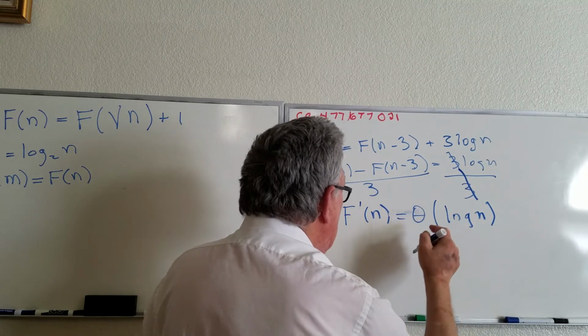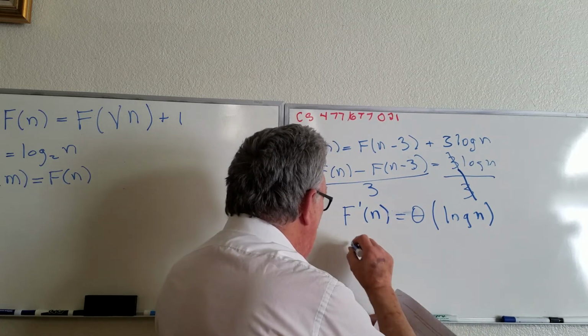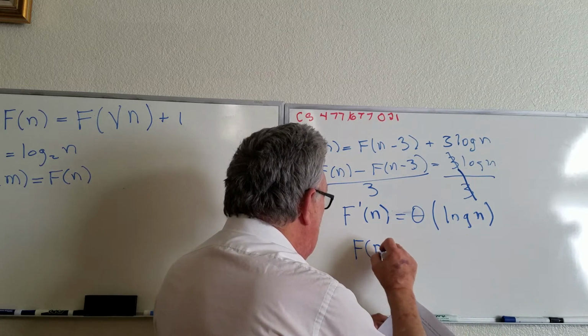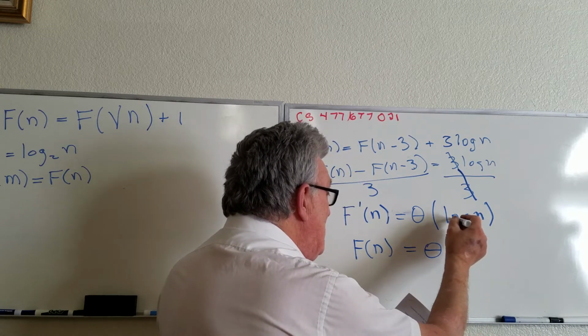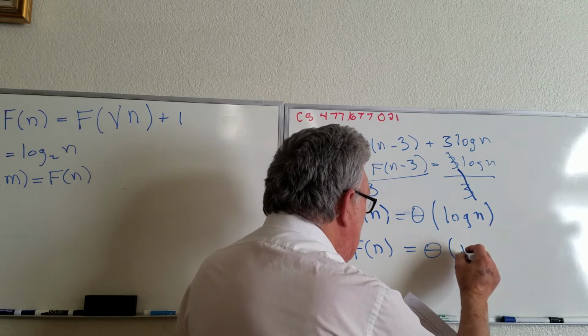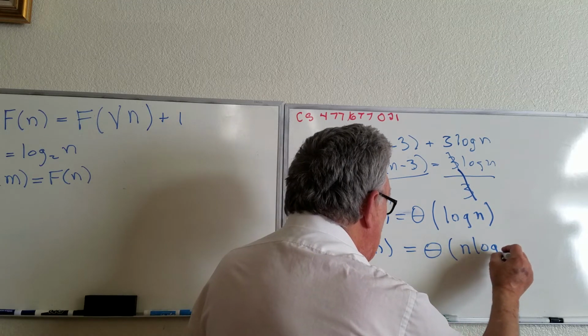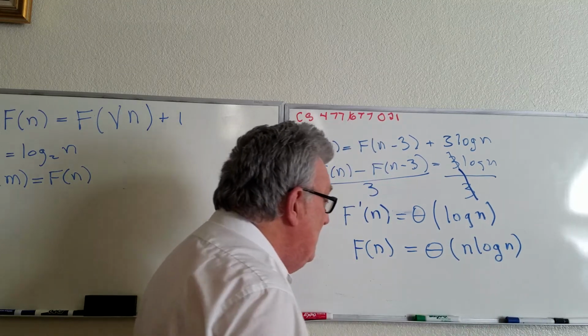You see that? Which means that taking the antiderivative, f of n is theta of, now the antiderivative of log n is n log n minus n, but we don't care about the second part because we're doing asymptotics. So the correct answer is theta n log n.